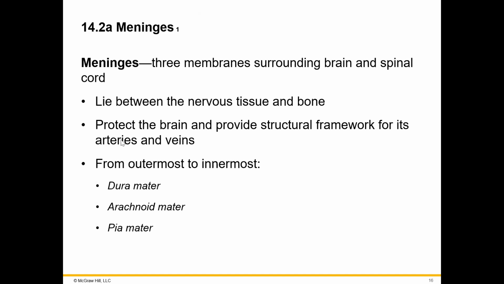And in the middle, as you're approaching your central nervous system, the middle layer is known as the arachnoid mater. And then deeper to all of that, we have the pia mater, the softest layer.